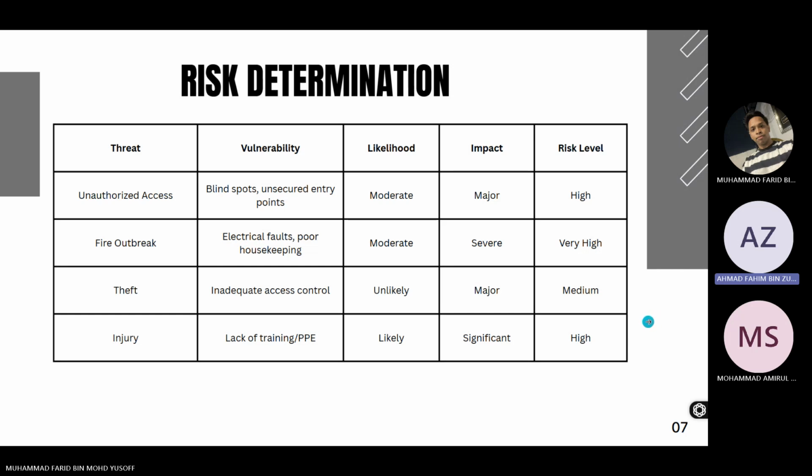The likelihood for this is unlikely, but the impact is major, so the risk level is medium. Next threat is injury. The vulnerability is lack of training or PPE. The likelihood for this is likely and the impact is significant, so the risk level we put is high. All right, I'll pass to the next one.